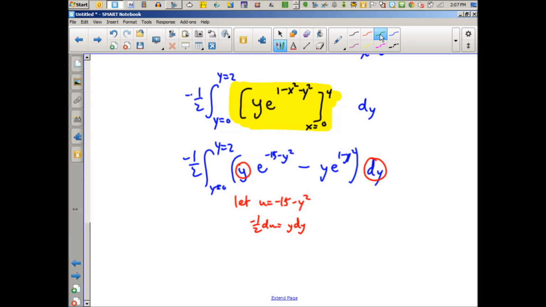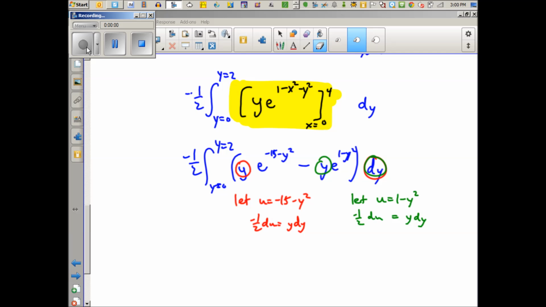For the second one, you let u be 1 minus y squared, and negative 1/2 du is y dy, and you do have a y dy here. See? Both of these integrals are just negative 1/2 e to the u du.